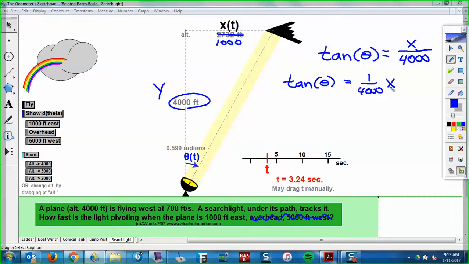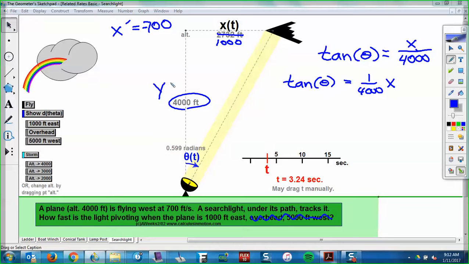So if you look at our steps we just talked about, draw and label a diagram, which we've done. What information do we have? Maybe we should write that down here. What's this 700? We already got the 4,000 in there. What's the 700? That's x prime. The x prime is 700. Now, is that positive or negative? It would be negative. That's right.